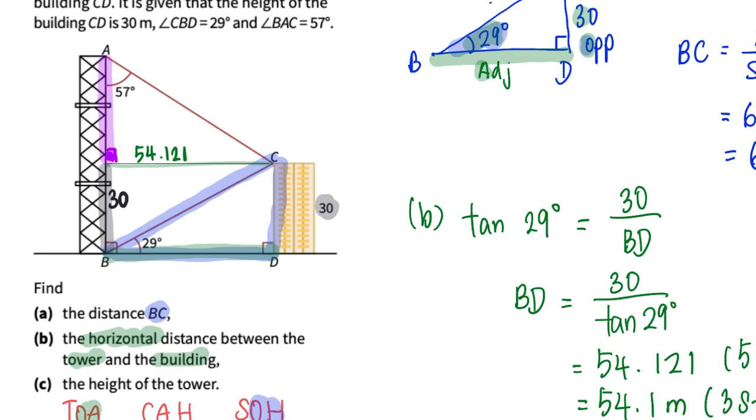So our focus now is to have this particular right angle triangle, since we are given 57 degrees.